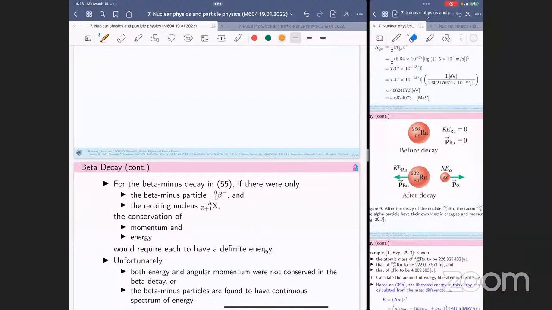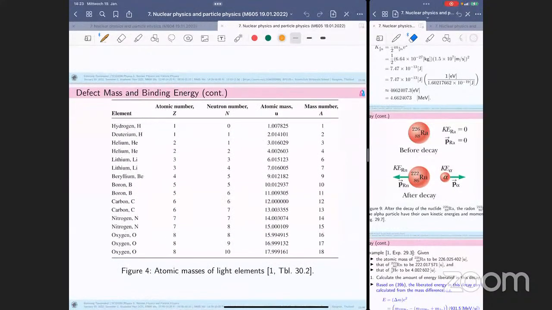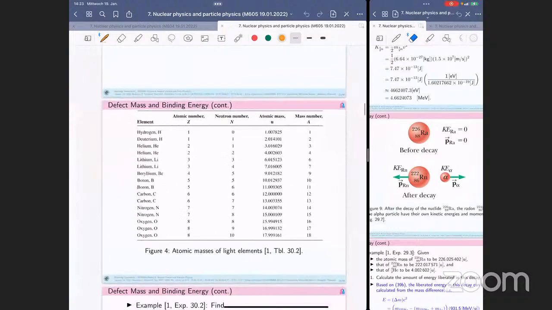Okay. For M605, we arrive at the carbon dating, right? As I remember, we arrive at the page 74, right? Instead of 47. The M605 has just arrived at the calculation of the beta decay.